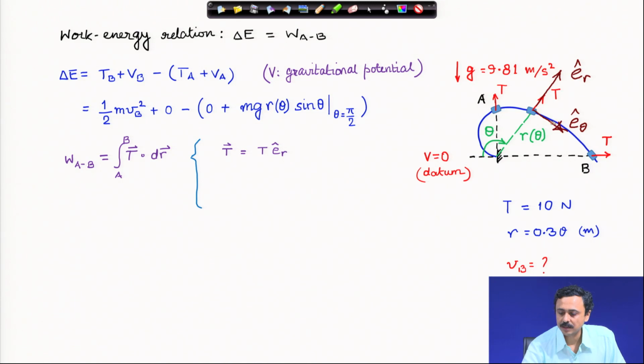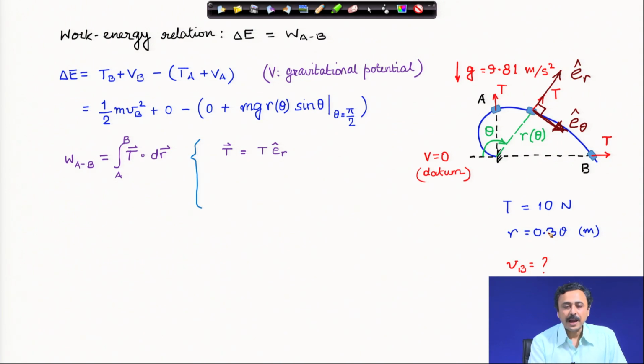So, this is my E theta, 90 degrees to E r. This is the coordinate system that you can imagine and represent all forces and displacements in.